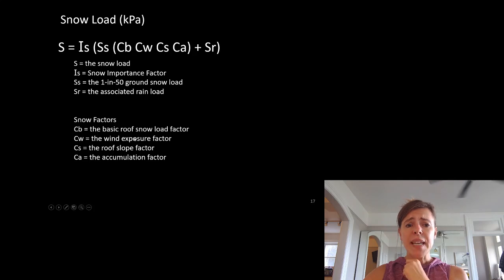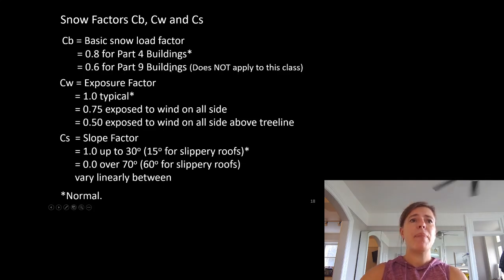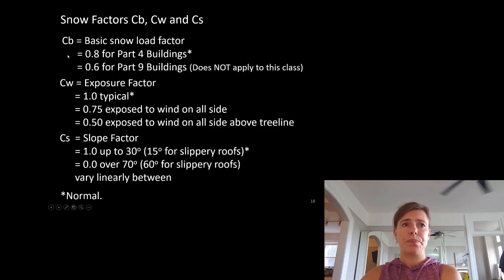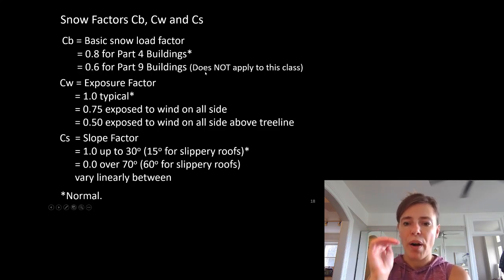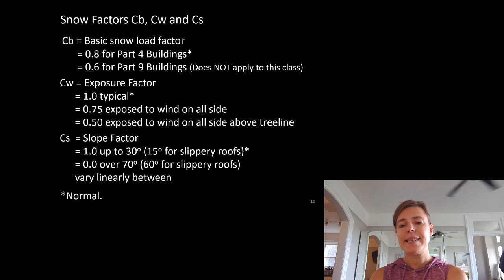CB is the basic snow load factor. 0.8 for Part 4 buildings. 0.6 for Part 9 buildings. We are not doing Part 9 buildings in this course. This is another thing that I say during the lecture, and I can always tell who does not show up to my lectures.